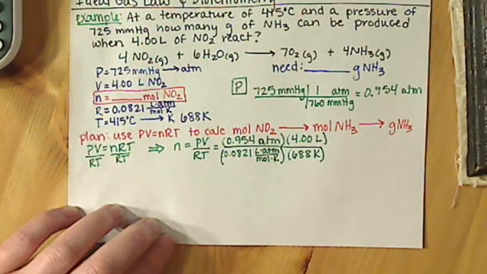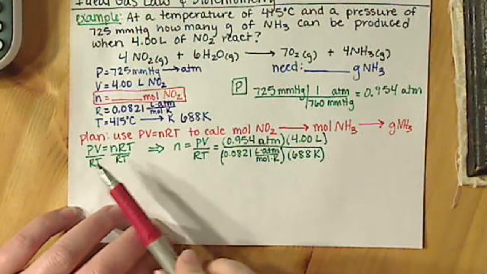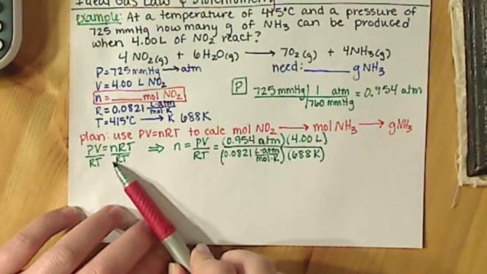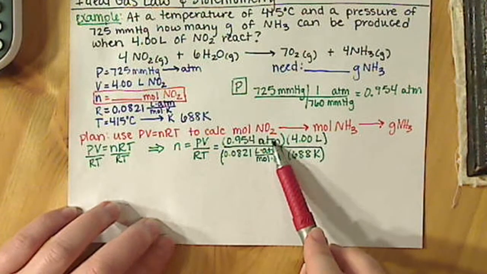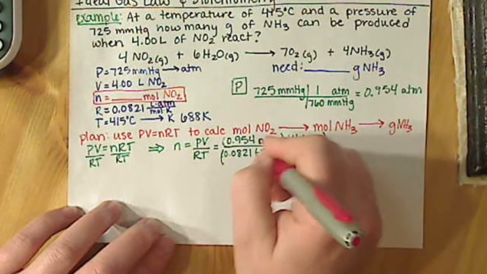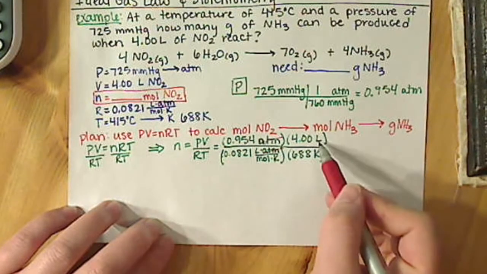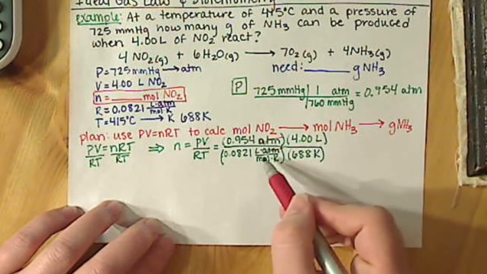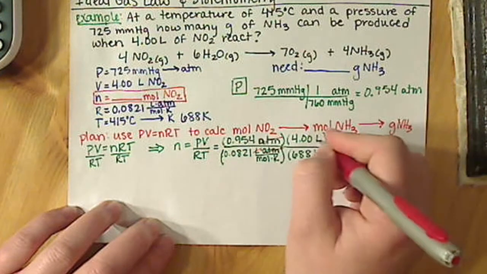Looking at my units before I do my calculation to make sure I did my algebra correct over here. I have atmospheres in the numerator, atmospheres in the denominator, so those cancel. Liters in the numerator, liters in the denominator, so those cancel.